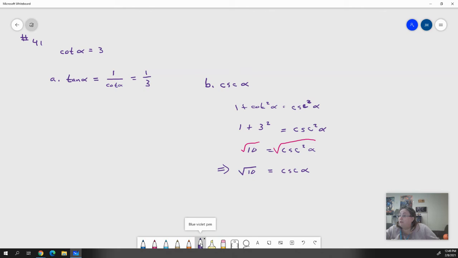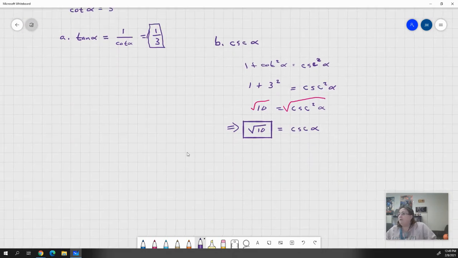When you're showing your work, I don't want the calculator to do the math. Cosecant of alpha equals the square root of 10 is a sufficient answer. Please do not give me the square root of 10 in decimal form. So that's our A and B portion of 41.